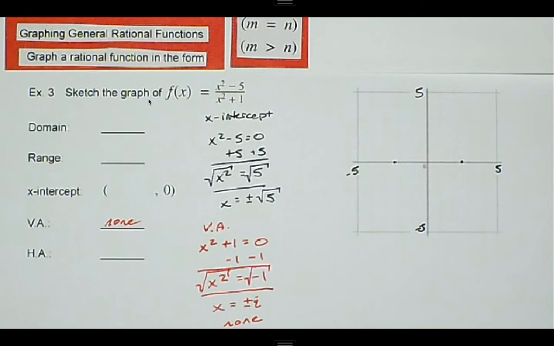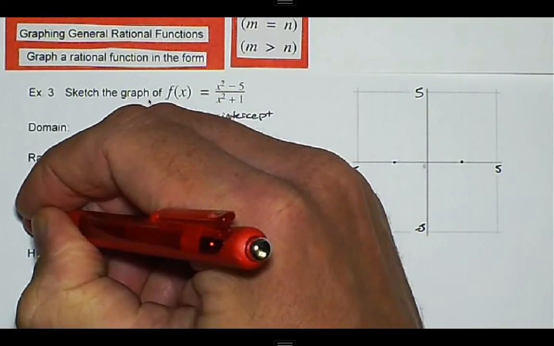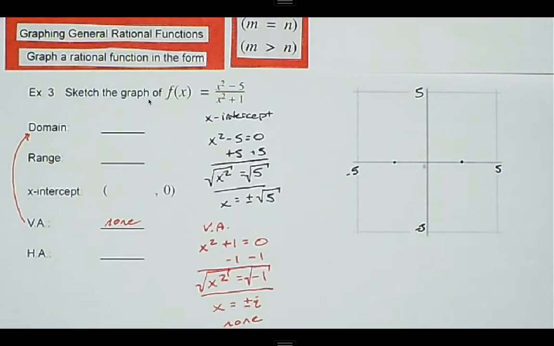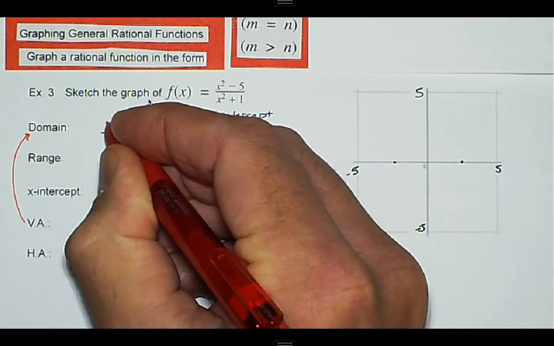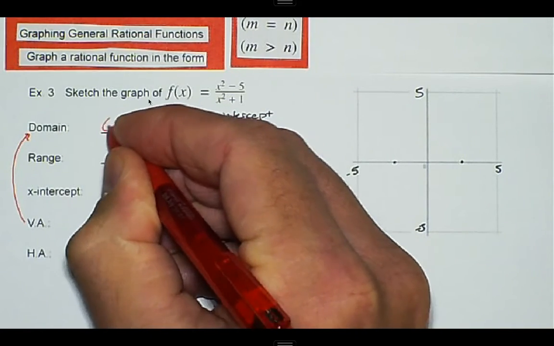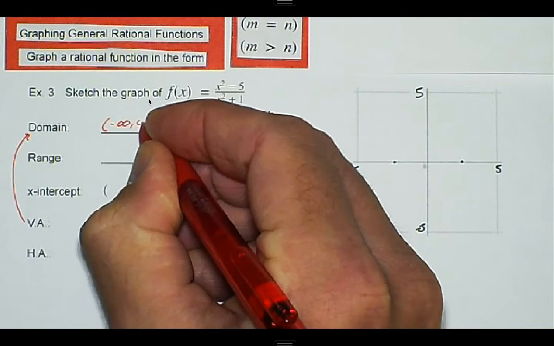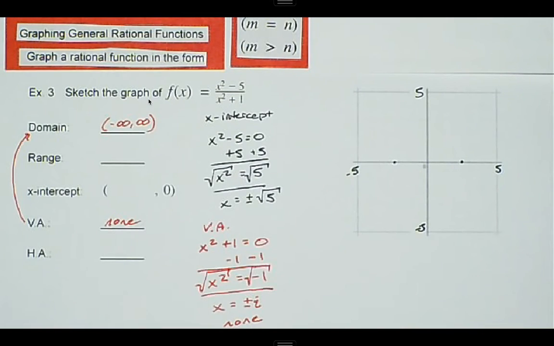Next thing we want to take a look at, because our vertical asymptote is none right now, we know that our domain is also not going to be restricted. So that's going to go from negative infinity to positive infinity, and then we'll have open parentheses there.